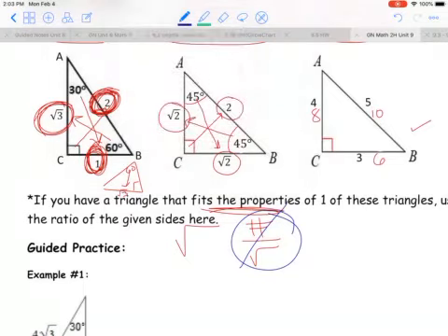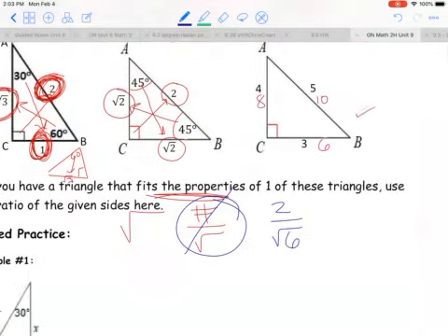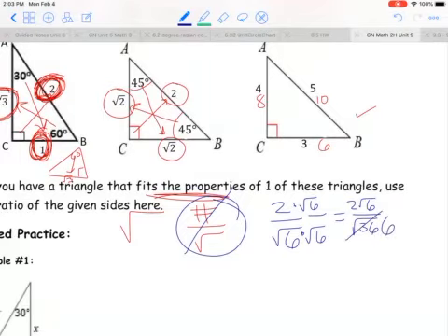So to simplify, like if I had 2 over radical 6, I times the top and the bottom by radical 6, which makes that 2 radical 6 and radical 36, which becomes just whole number 6.